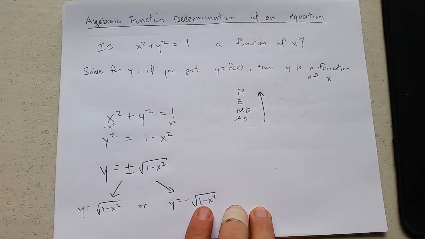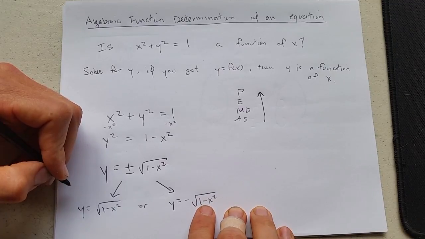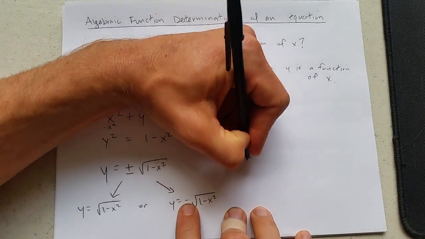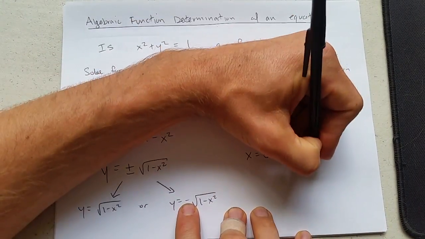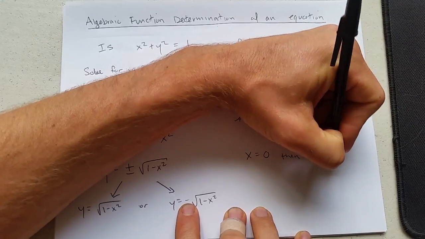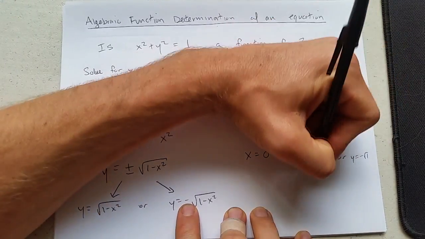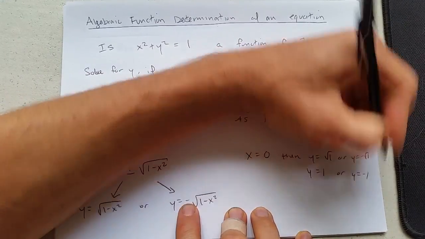So if you told me x was 0, to keep it simple, we would have 1 minus 0 is 1, the square root is 1, and over here we get the same thing except it would be the negative square root of 1. So if x equals 0, then y equals either square root of 1 or negative square root of 1. So you would either get 1 or negative 1.